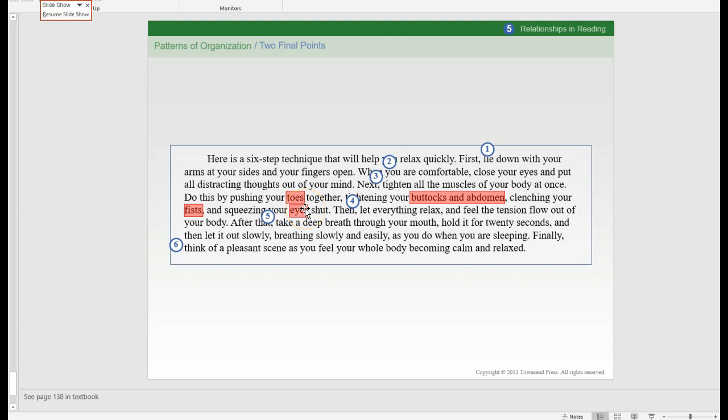But overall, I would say this pattern would be a time order because it's saying first lie down, then what do you do next? But within this time order, there is listing because they're listing the toes, the abdomen, the eyes. But the overall pattern, if you were taking a quiz, A, is this time order, or B, is this listing? I would go with the larger, the overall, and this would be time order.